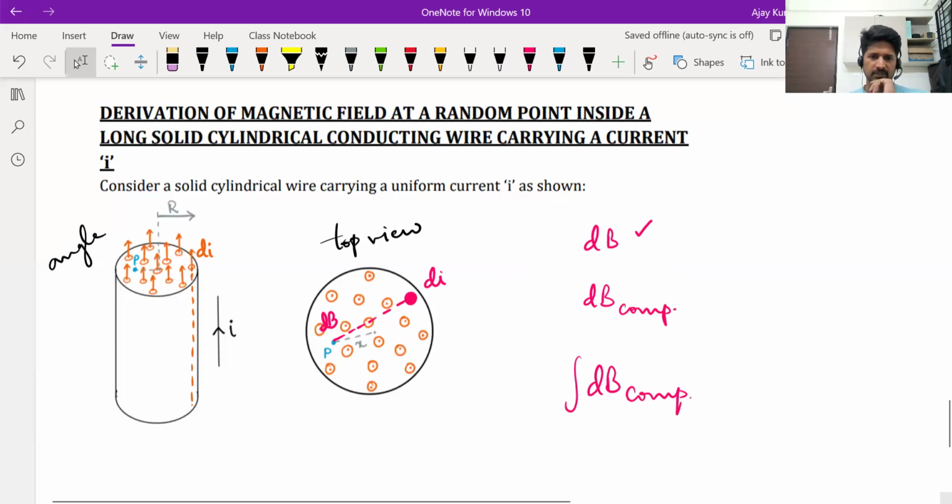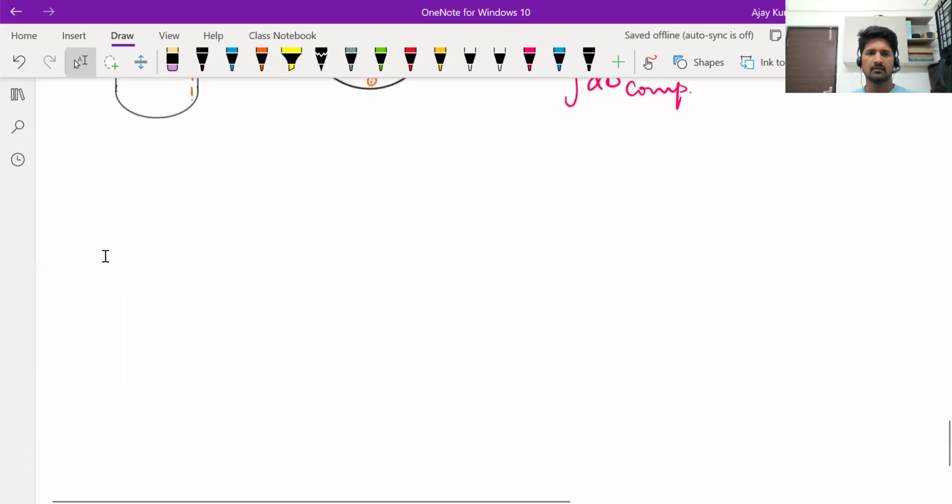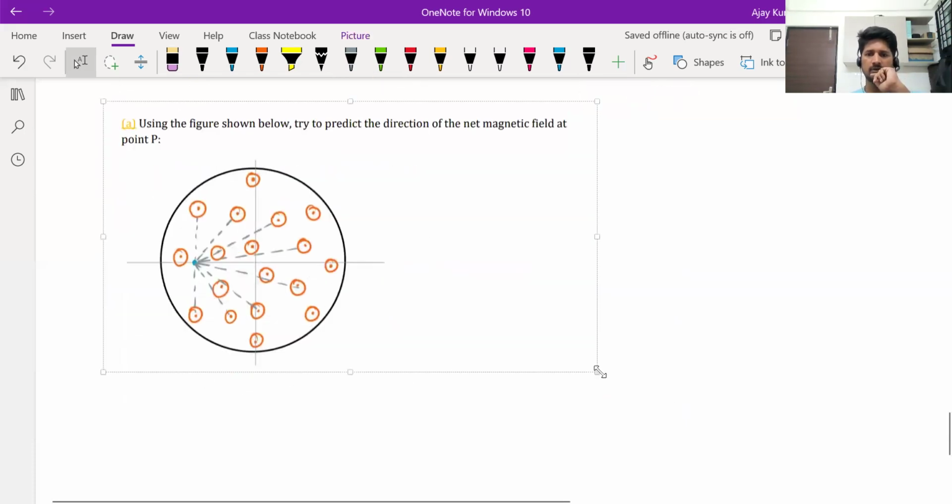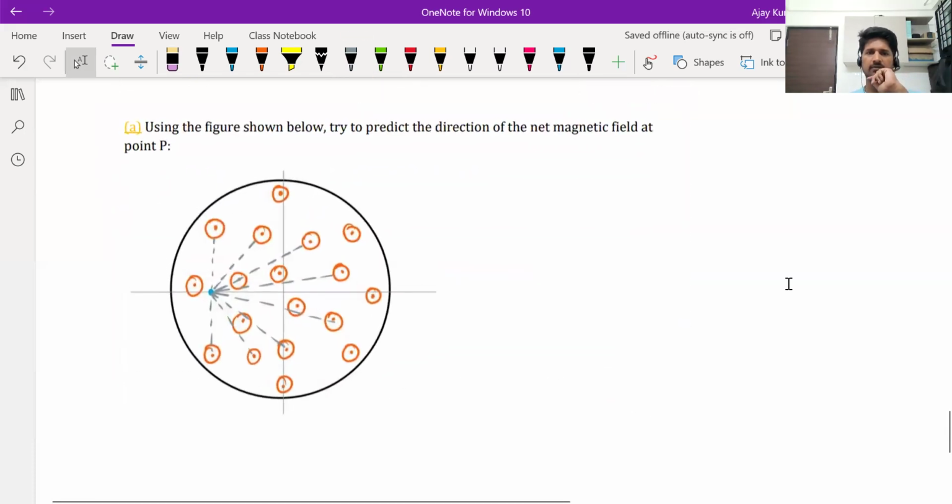For that purpose, I had given you another diagram also. Using the figure shown below, try to predict the direction of net magnetic field at point P. Now, why do we care about the net magnetic field at the point P?